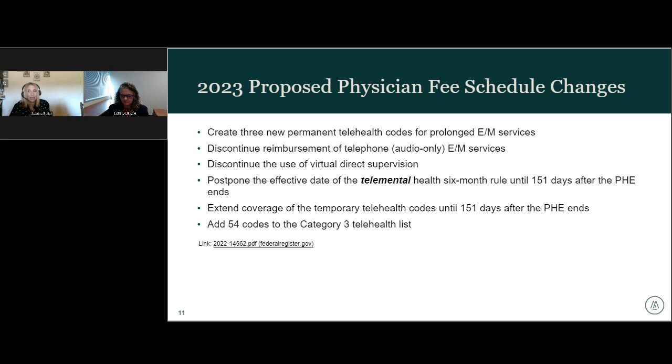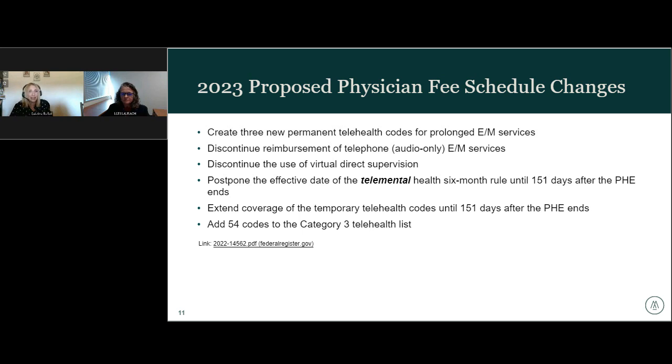CMS was really concerned about the quality impacts to patients where these services were occurring and we had this virtual or indirect kind of direct supervision. So they're walking that back and essentially saying, hey, we are going to discontinue this mode. We are concerned about patient safety.